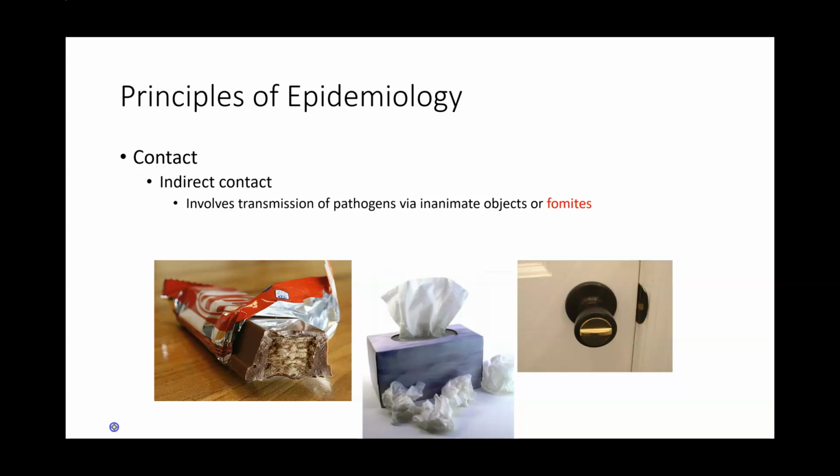Those door handles are fomites. If you're not paying attention, you could touch a door handle after someone who's got a serious cold. I'm using cold because that's so common, but it could be another disease too, like COVID-19. You never know. Then you get that on your hand, and now you touch your face and you're prone to getting that infection. So that's what a fomite is.